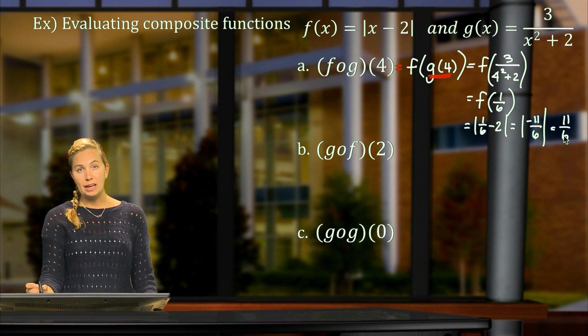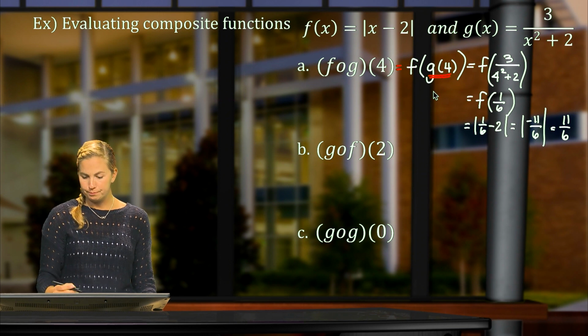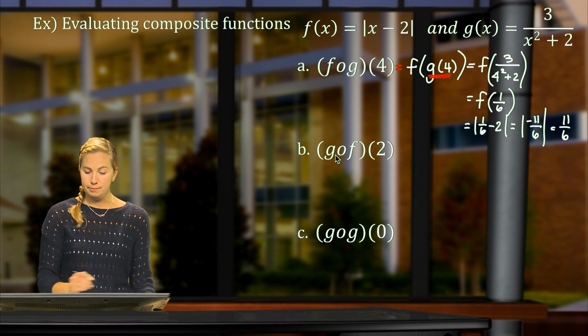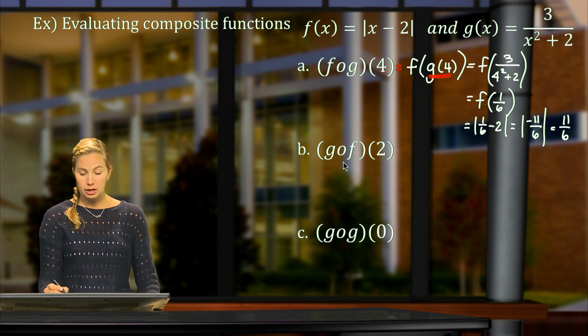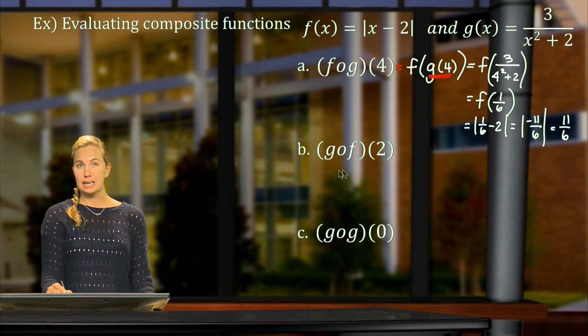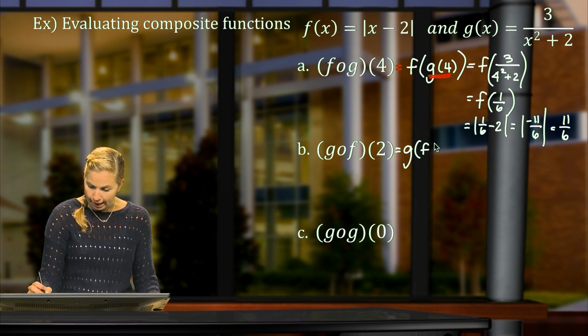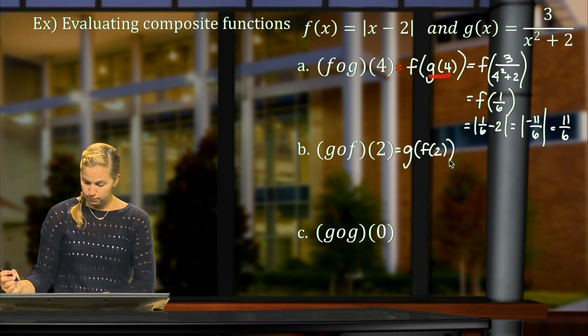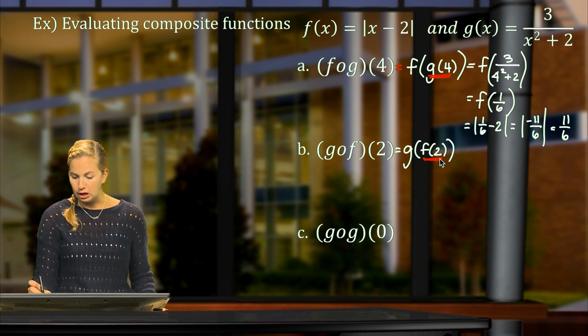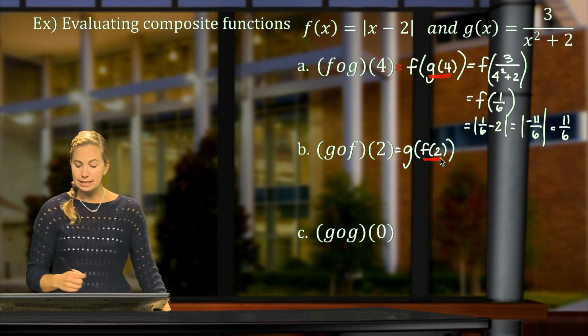So we're starting from the inside and working our way out. Let's try another one. g of f of 2. Now my outer and my inner functions have switched. So it is g of f of 2. We're always going to evaluate the inside first. What is f of 2?